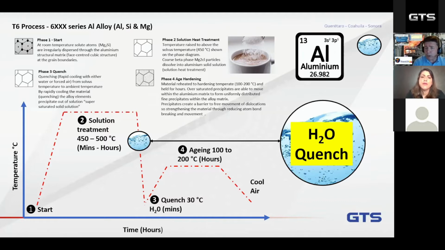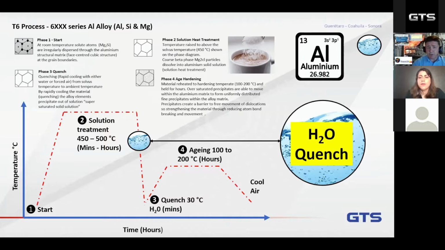Now, the reason we're quenching in this particular application is because we want to ensure that the alloy elements precipitate out of solution within the aluminium, which is going to give the physical properties of the aluminium, its strength and its ductility for its end use.